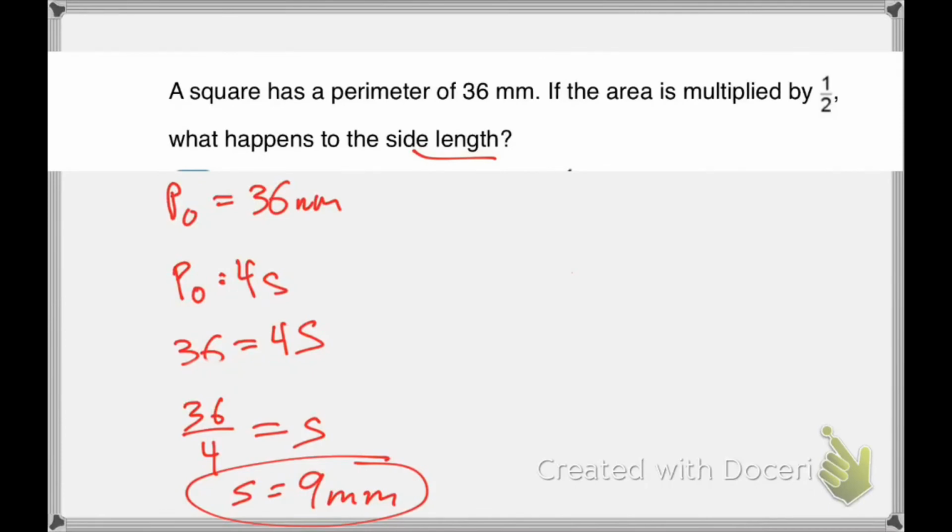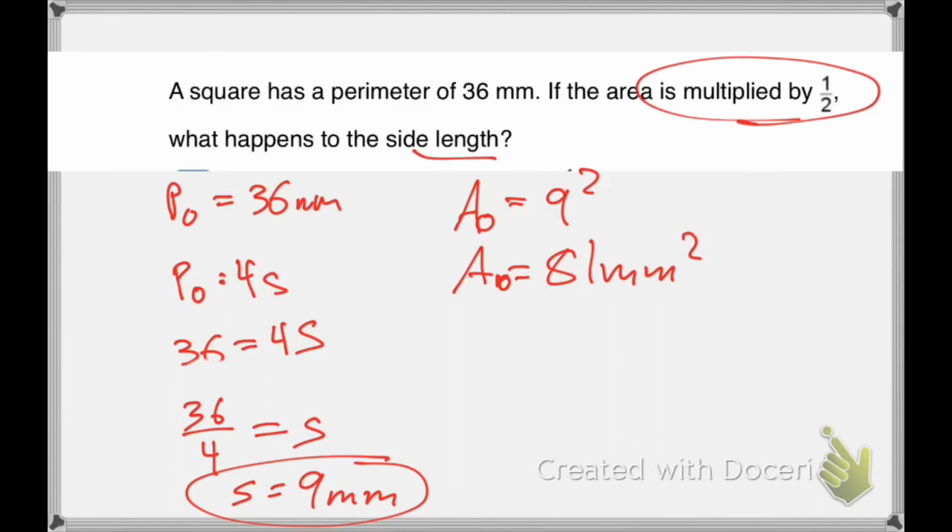So if my side length is 9, my area of my original shape is 9 squared, 81 millimeters squared. That's my area of the original. Well, if the area of the original is multiplied by 1/2, my new area of the new shape is 81 divided by 2, which gives me 40.5 millimeters squared.